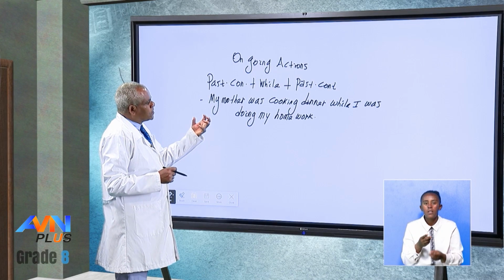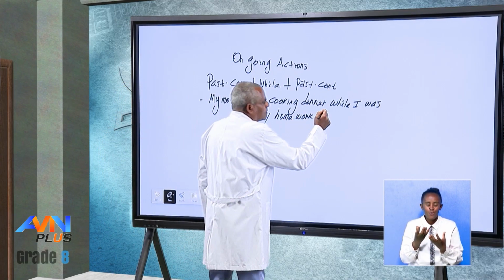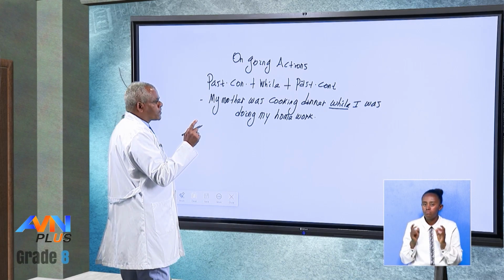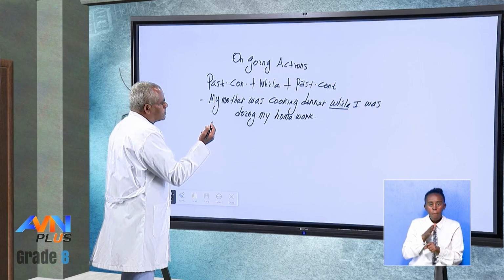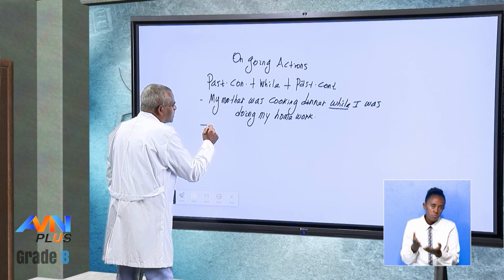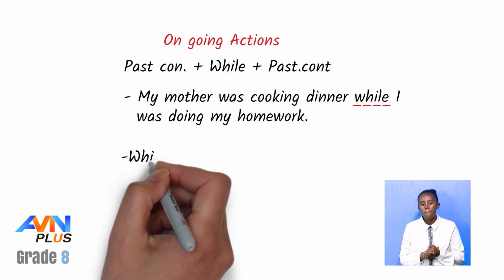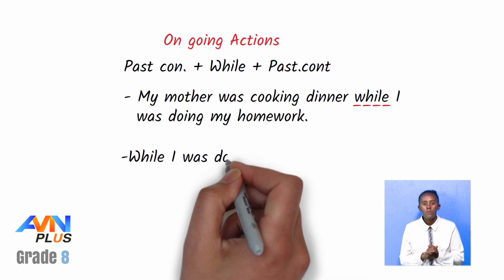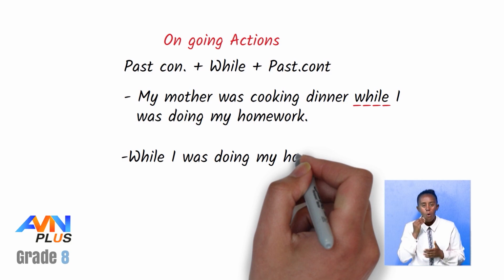My mother was cooking dinner while I was doing my homework. This while does not necessarily come in the medial position. It's also possible to write: While I was doing my homework, my mother was cooking dinner. Possible? You are welcome to write like this.